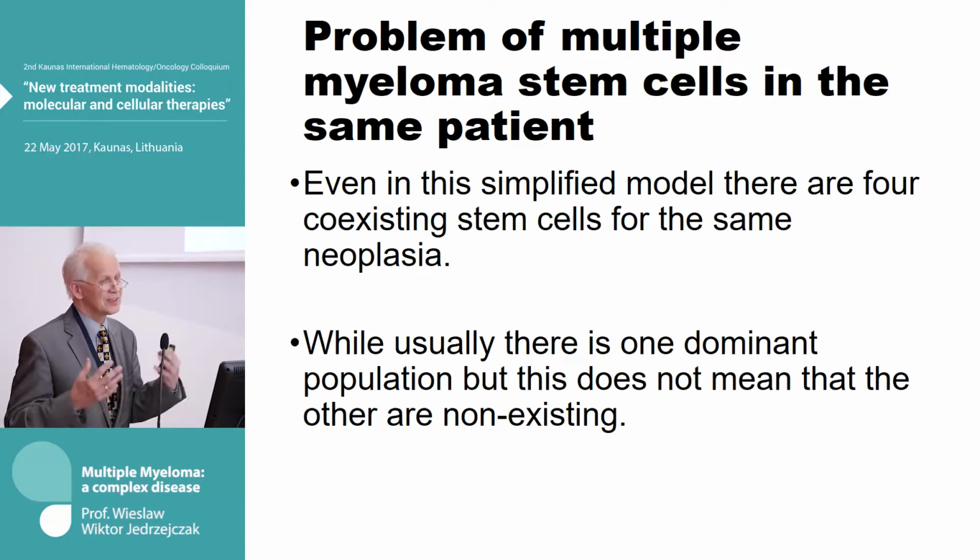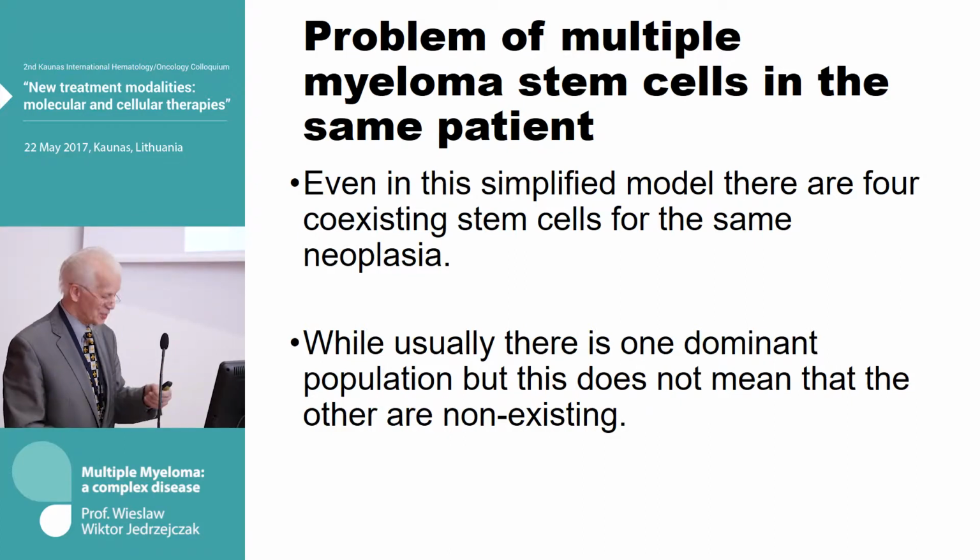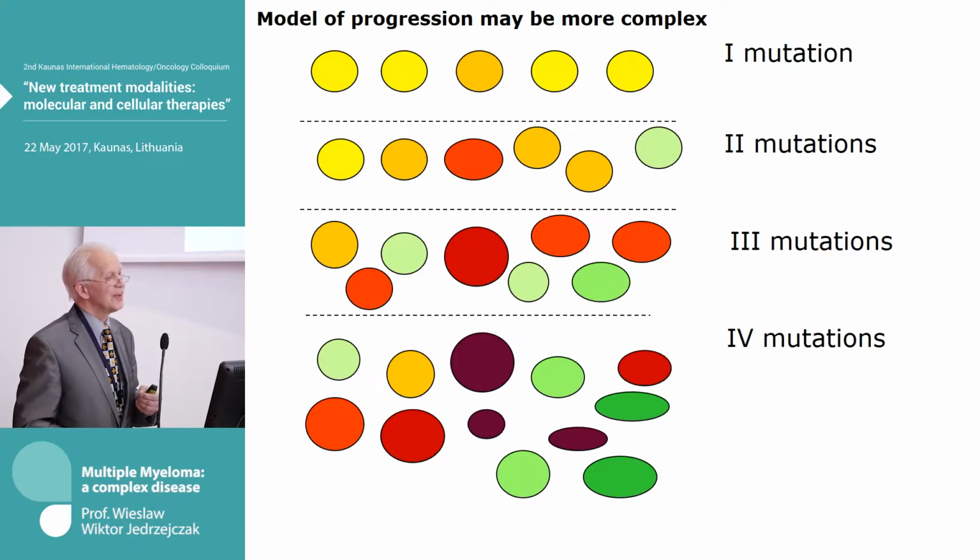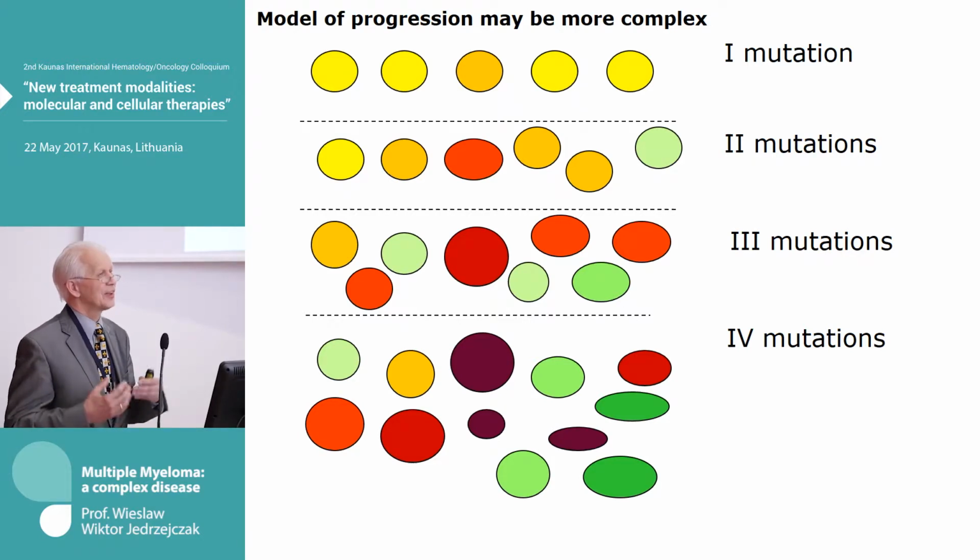That does not mean that this is the only subclone. It is only saying that this subclone has a proliferative advantage over other subclones which may emerge when we destroy this particular subclone.